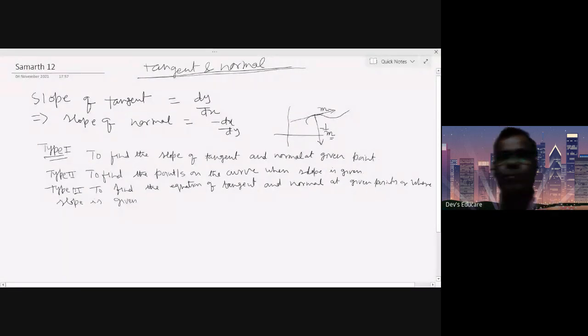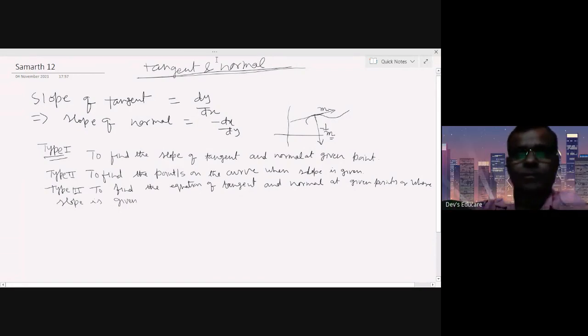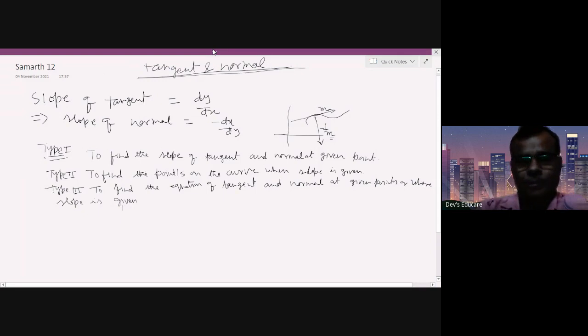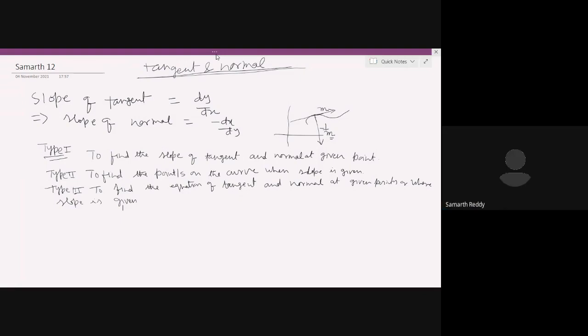So we will be doing these three types of questions, which are asked in the board examination as well as the competitive examinations.